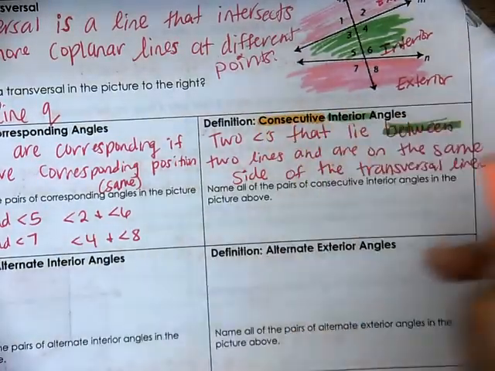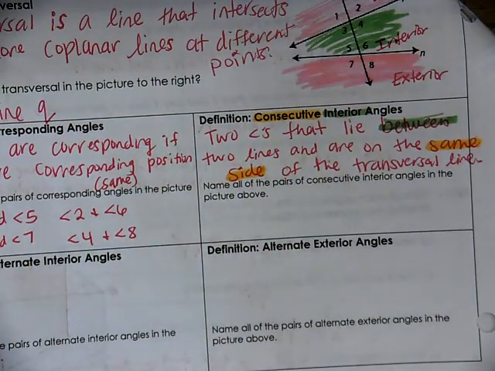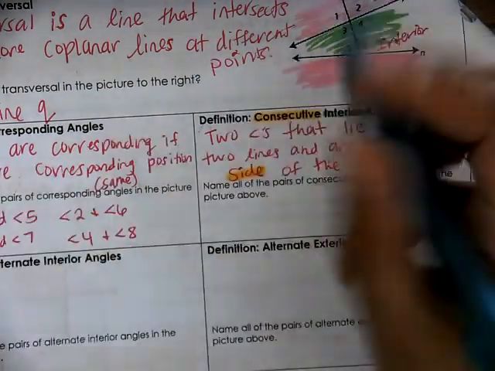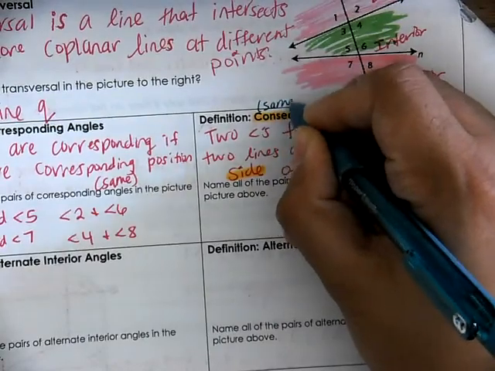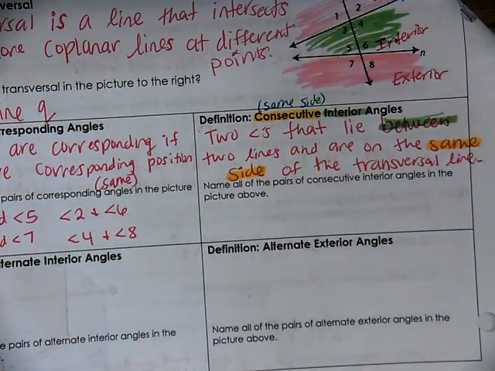So I'm going to also highlight same side because that's what consecutive means. I can also write that above here to help, same side. If you give yourself key words to help you remember it, because I know there's 4 more angles that you have to remember, tell yourself consecutive interior is another way of saying same side inside. That's the idea.